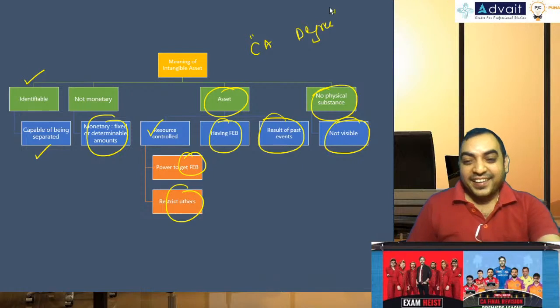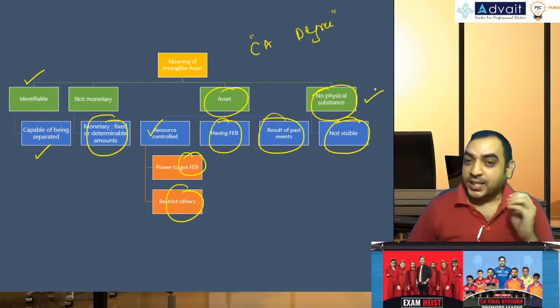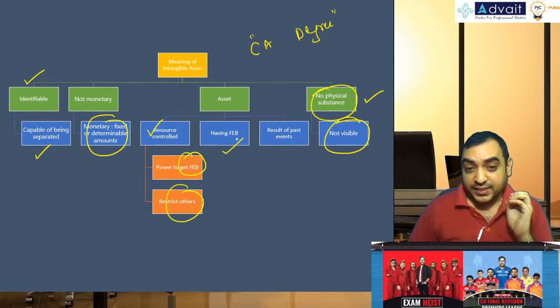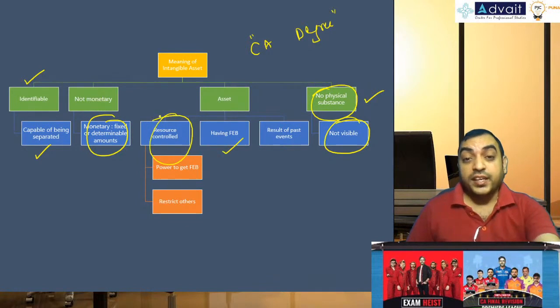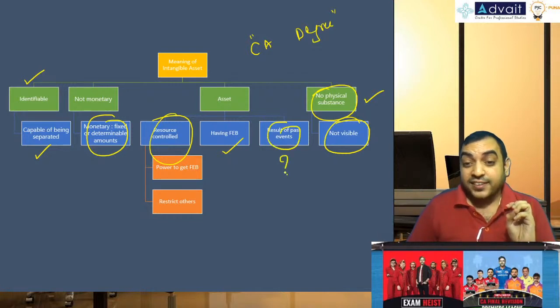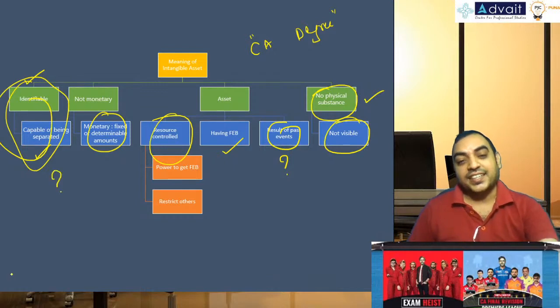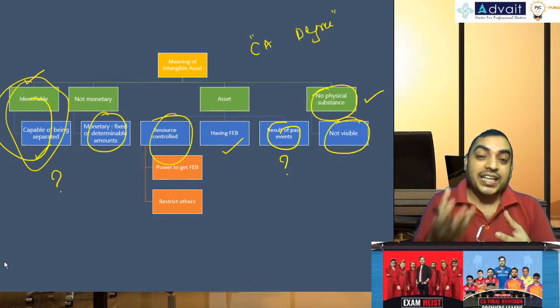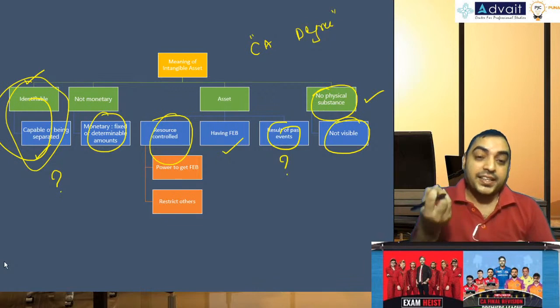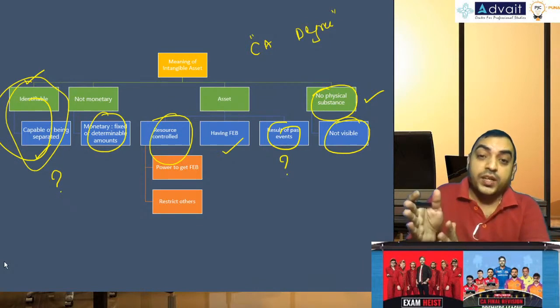Okay. First of all, no physical substance. Yes, it does not have physical substance. Do you have a benefit? Yes. Is it a resource you are controlling? Yes, the degree you control. But is it a result of past events? Yes, many events before you get the degree. It is non-monetary, yes, but is it identifiable? The answer is no. You can't sell the degree. You can't separate it. See, goodwill along with business you can sell.